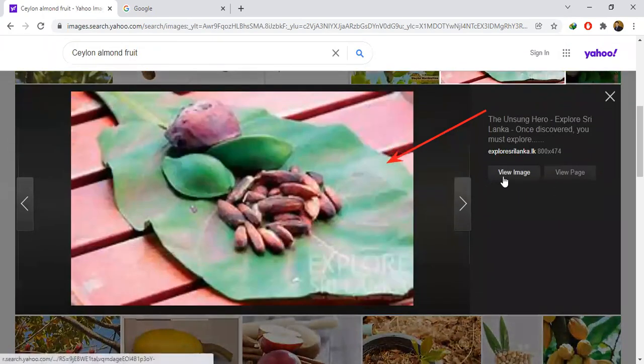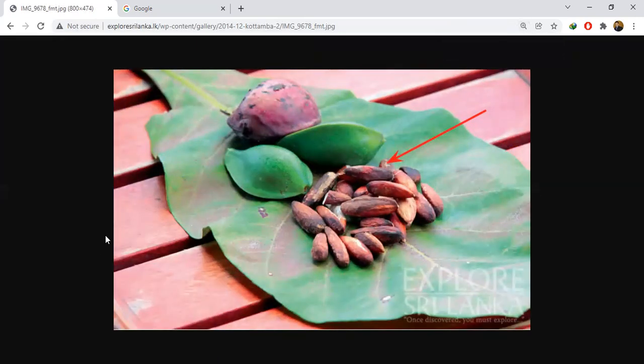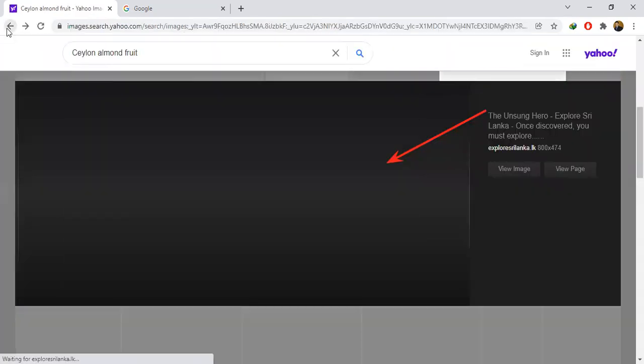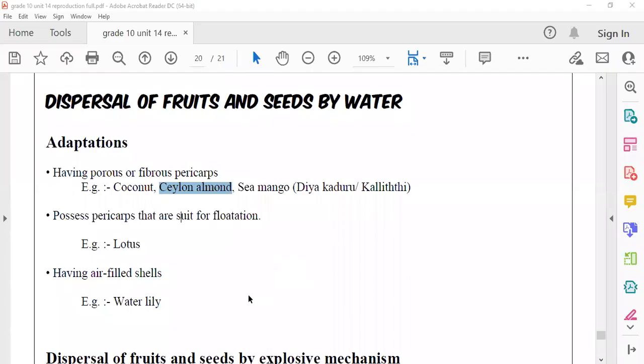This is Cotumber, Ceylon almond. So, my children, Ceylon almond.